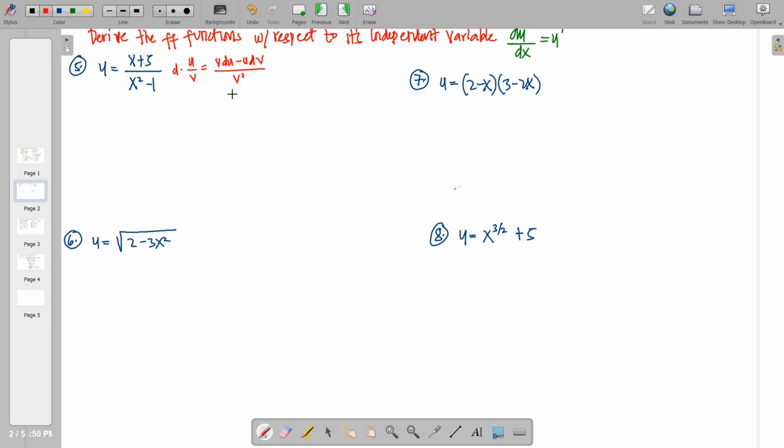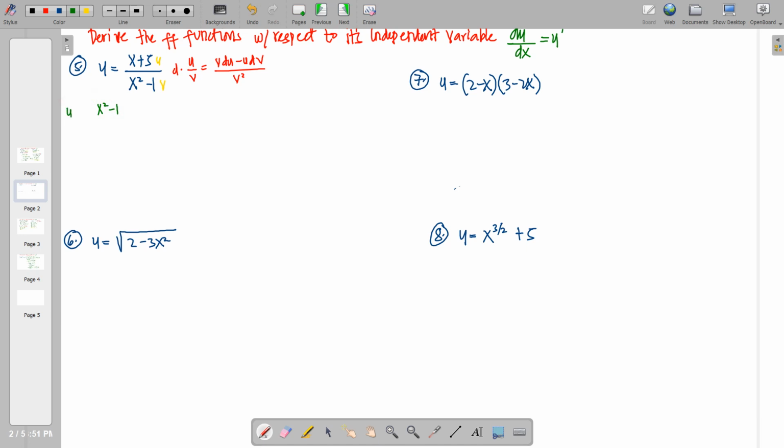So we just simply follow the process. Our u here is this one, and our v is that term. Copy v, that is x squared minus 1.